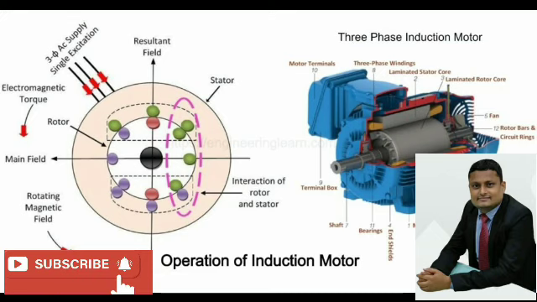Now calculation of stator turns per phase, TPH. Flux per pole phi equals B average into tau into Li.